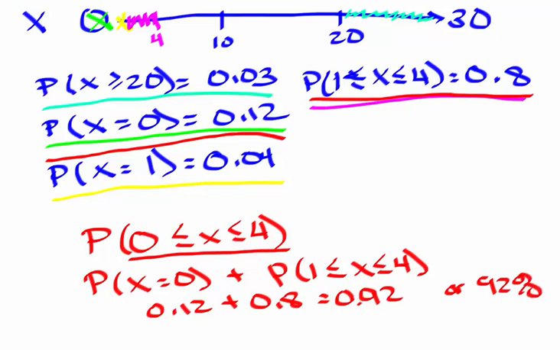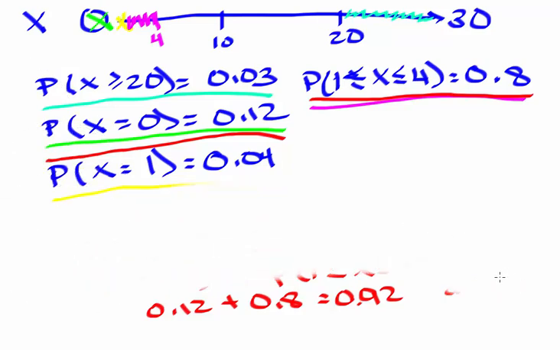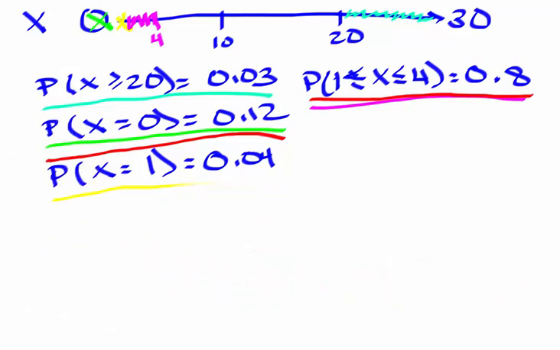Let's do another probability example. Let's say we want to find the probability that x is less than 20.